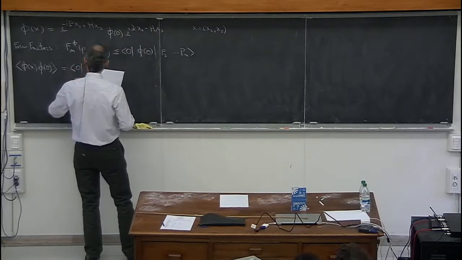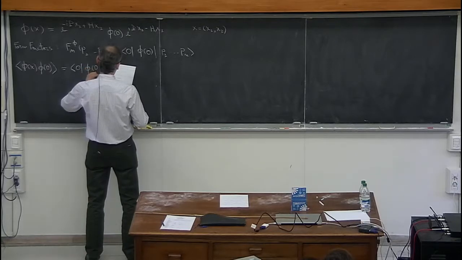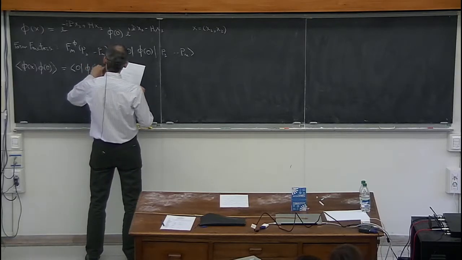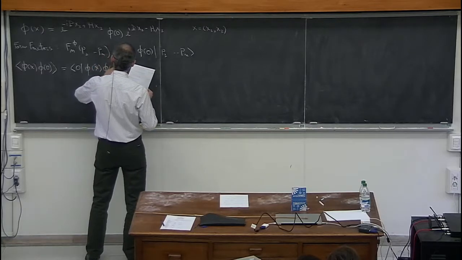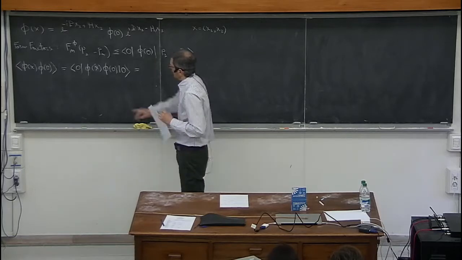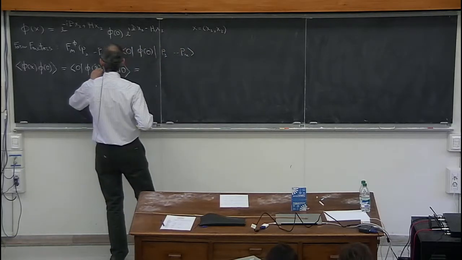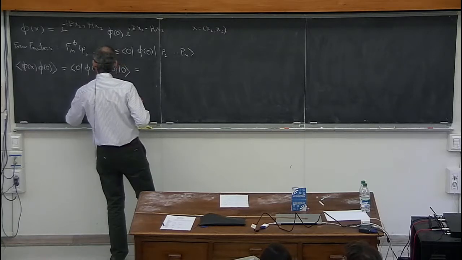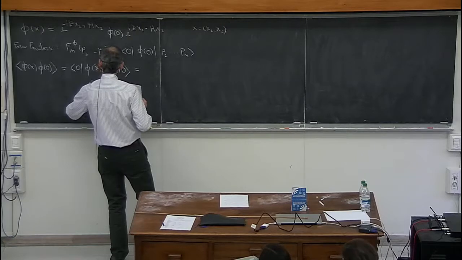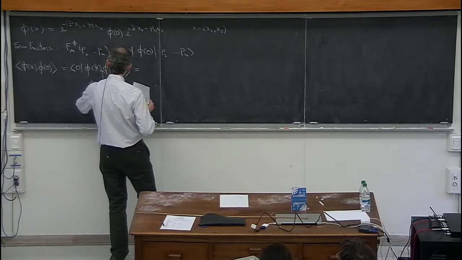So this correlator becomes the expectation value on the vacuum of the product of the fields. And we can introduce in between the two fields here a complete set of states. Let me use this short notation for n particle state.